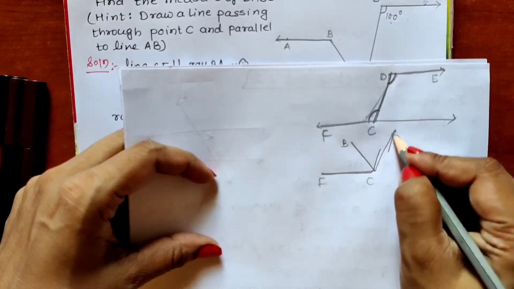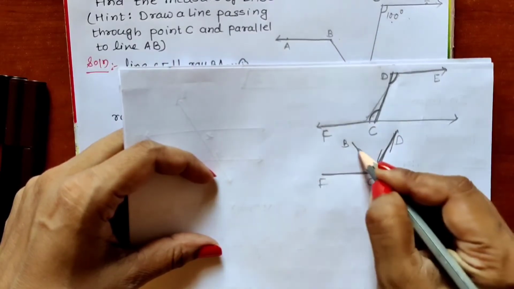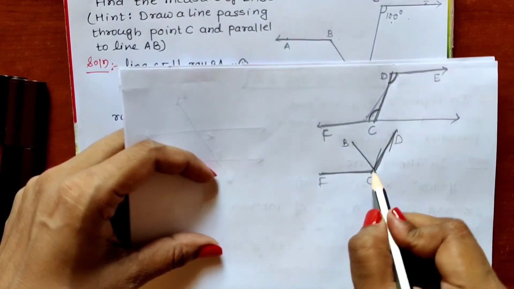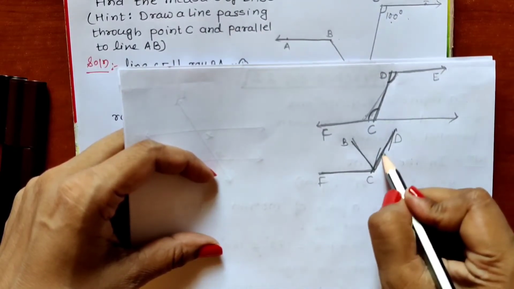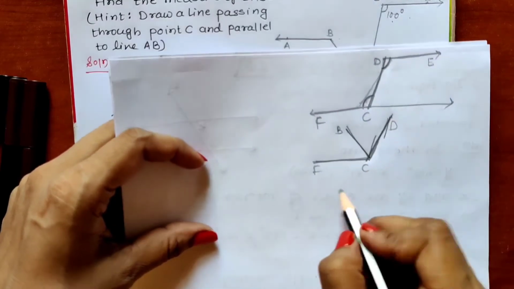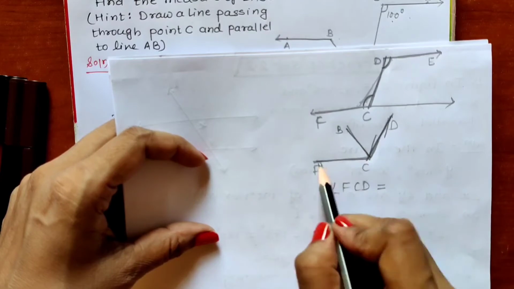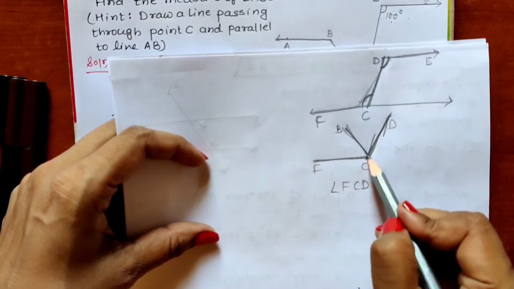Which two angles? Angle FCB and angle BCD. That means this full angle FCD is made up of angle FCB and angle BCD.